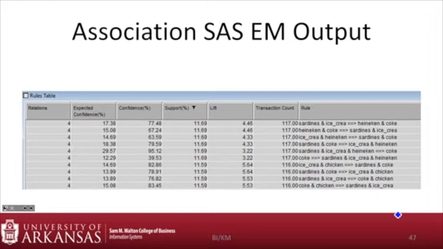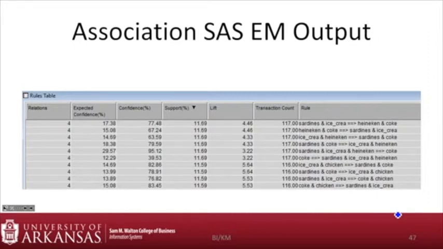We don't have that written down anywhere, but you can expand this and see a left hand rule and a right hand rule. If you found every time that Heineken and Coke are in the right hand rule, then you can divide by the total number of observations, total number of transactions that we have. And that's what your expected confidence is.